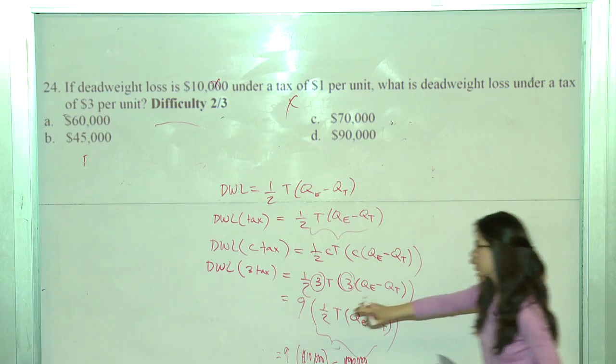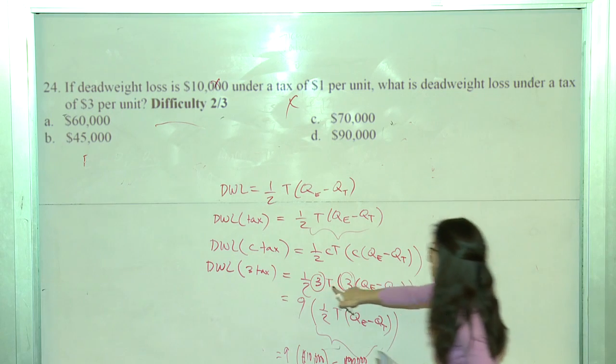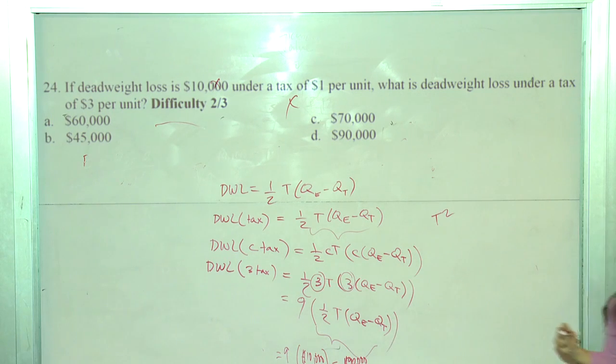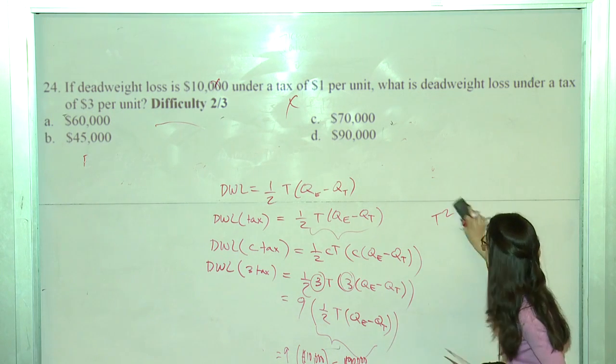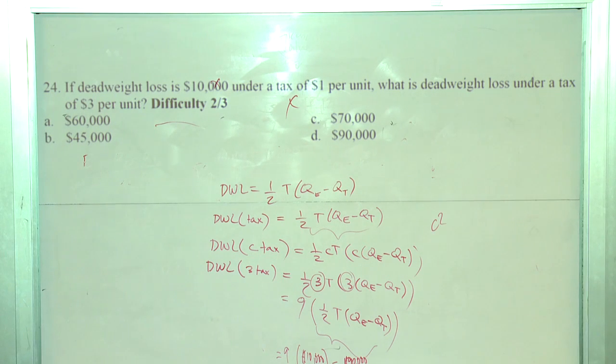Excellent. So basically what we know from here is that as the tax increases, the deadweight loss increases, but not linearly with the tax, but as a function of T squared. Okay?